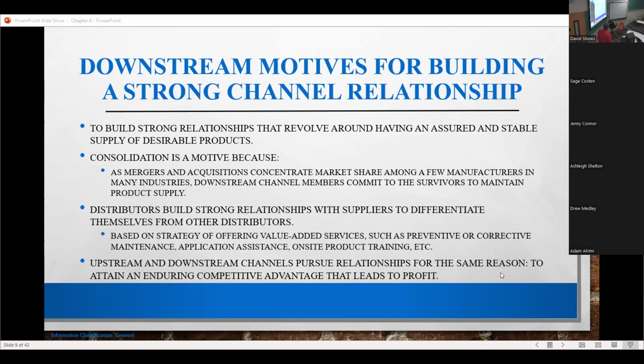When there are fewer manufacturers, you have to have the ability for those downstream members to commit to the survivors to maintain that supply. This is the worst thing that happens when two organizations merge, somebody gets laid off. You don't need two series of suppliers, you just go with one usually. And if I have a strong commitment with both of those, then the prospects are hopeful that they'll stay with you as well.